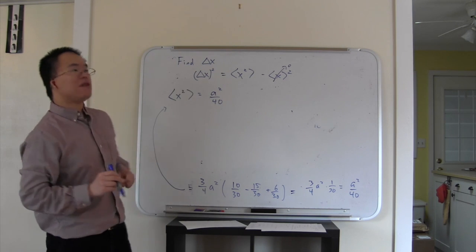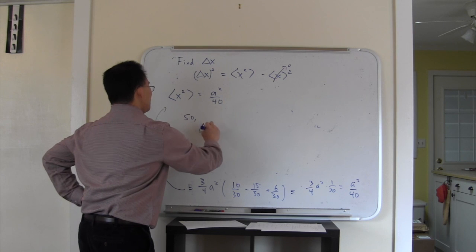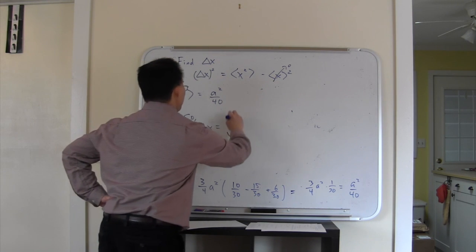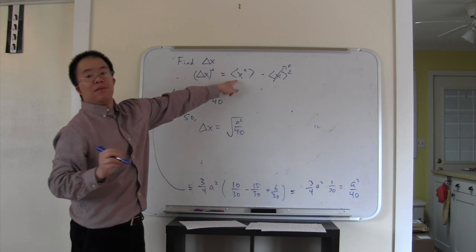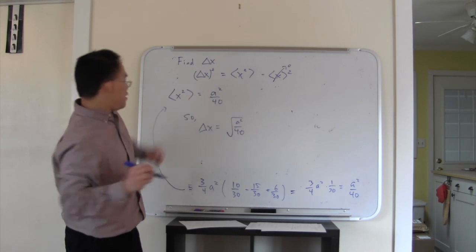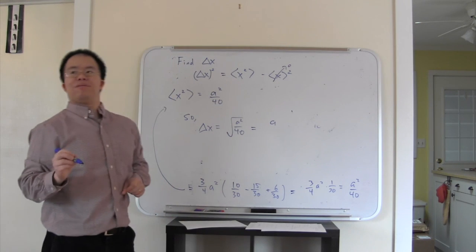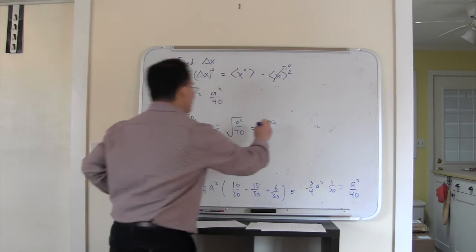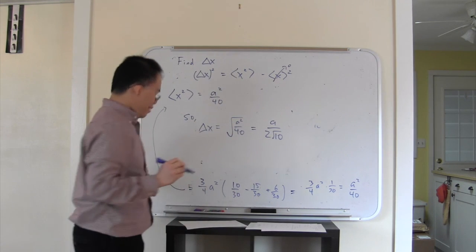Now we can just use our theorem. The uncertainty in x is the square root of a squared over 40, because it's just going to be the square root of the expectation value of x squared. So now the numerator simplifies to a. We have a 4 times 10 downstairs, so we have 2 root 10.